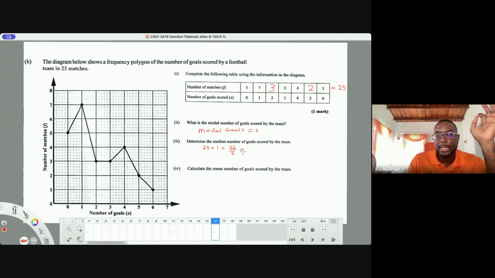So I am looking for the 13th number in my list. Okay, that will be the exact middle value. The 13th number in my list.